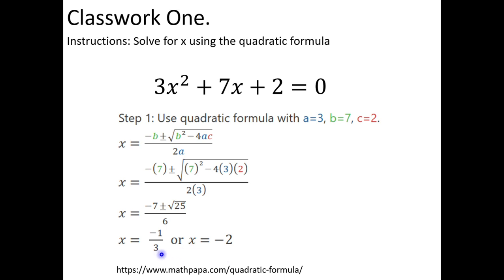If you put either one of these answers into this equation for x, you evaluate this equation at negative 2, it would give you back 0. So negative 2 for x solves the equation to 0. And this website right here, you see at the bottom, is where I generated this answer.